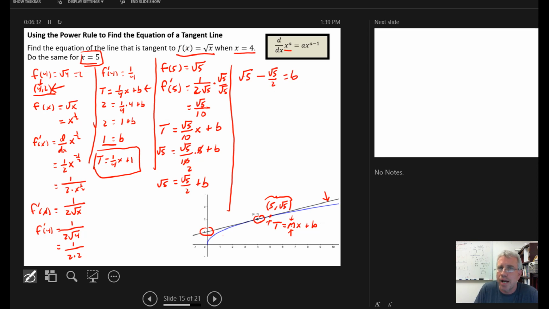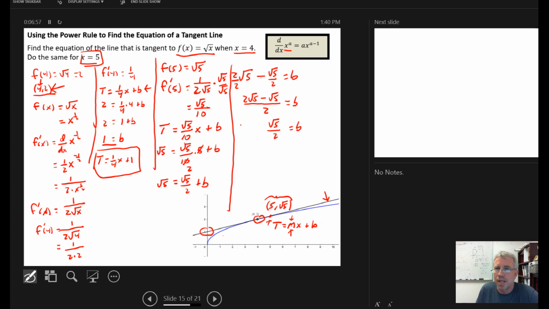And to do the subtraction, you need a common denominator. So you would multiply by 2 over 2, which will equal b. That will give us a denominator of 2. And we wind up with the numerator 2 roots of 5 minus a root of 5. So 2 roots of 5 minus 1 root of 5 is just a single root of 5, all over 2 equals the y-intercept.